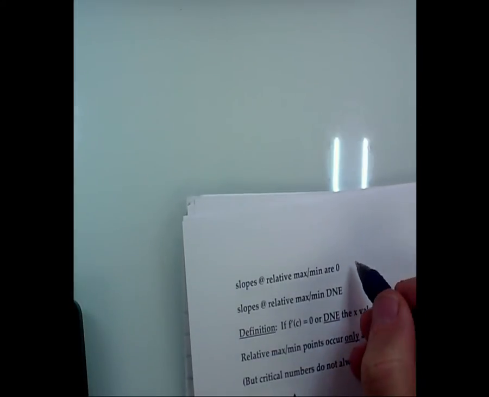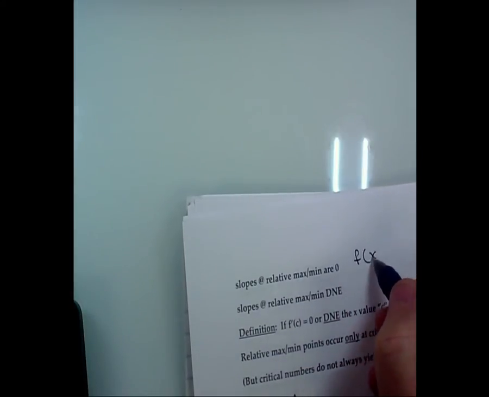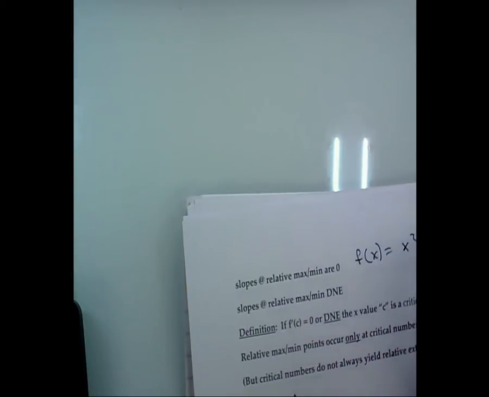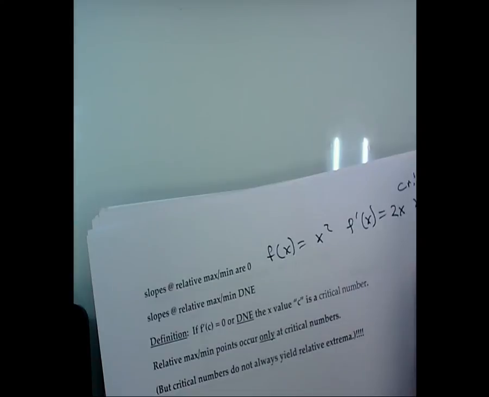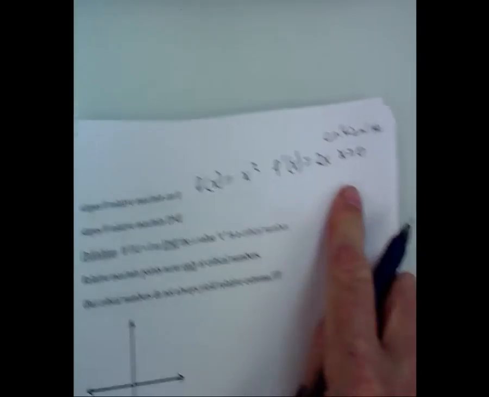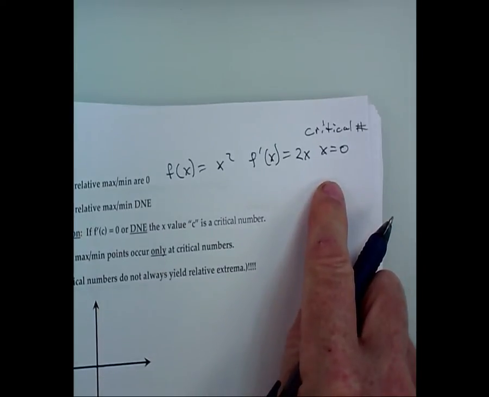So here are my examples. f of x equals x squared. f prime of x equals 2x. x equals 0. This right here is my critical number. It's a nice, smooth point.